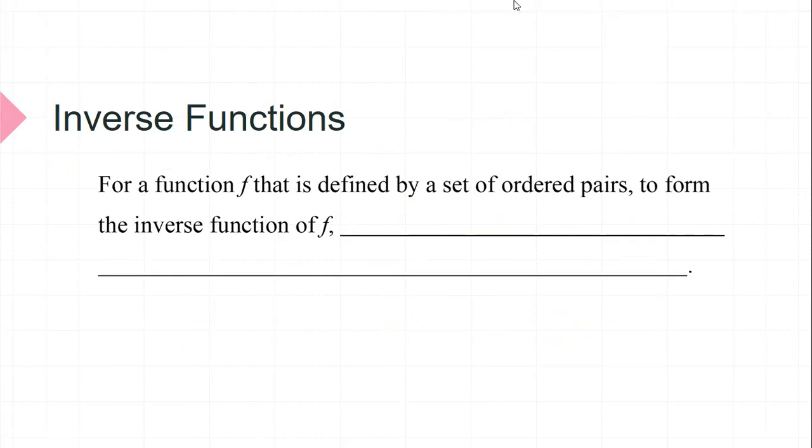Okay, inverse function. It says for a function f that is defined by a set of ordered pairs, to form the inverse function of f, you're going to do what? Someone said it earlier. Switch. There we go.